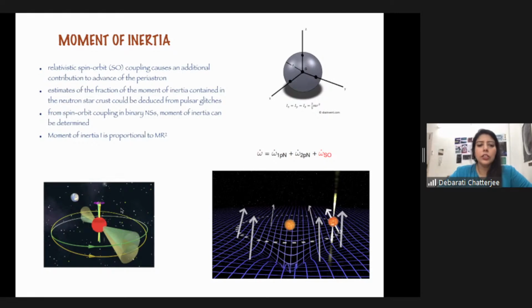Precession is the movement of the neutron star around its axis, and precessional movement is also related to the moment of inertia. So that is another way of measuring the moment of inertia. Once moment of inertia is measured, it is proportional to mass times radius squared. And once you have the mass measurement, then you can measure the radius. So that was the other clarification.